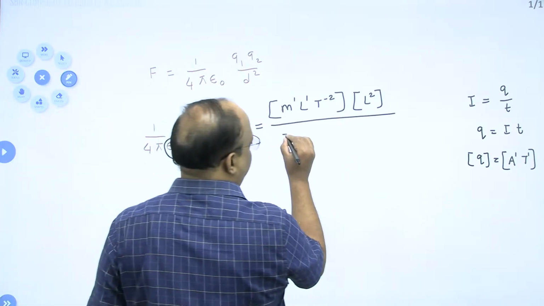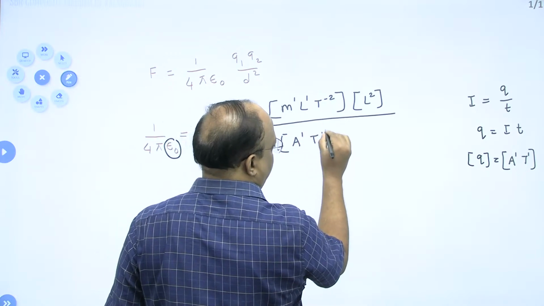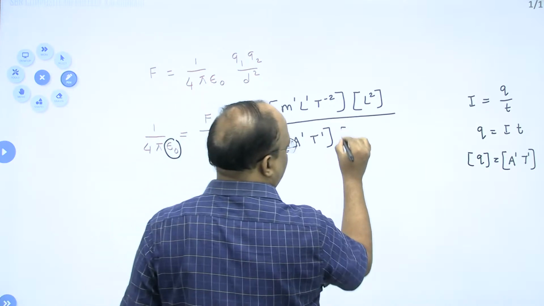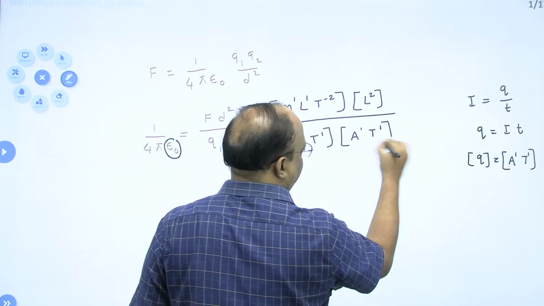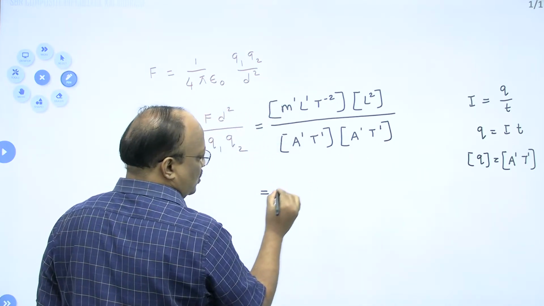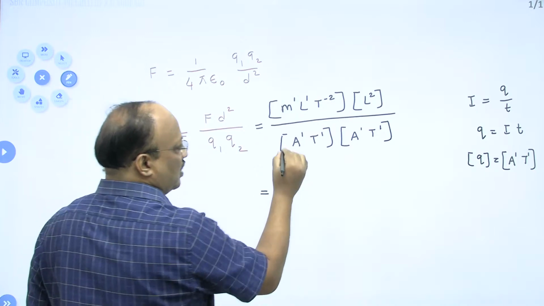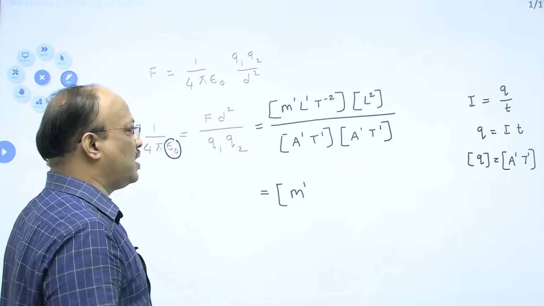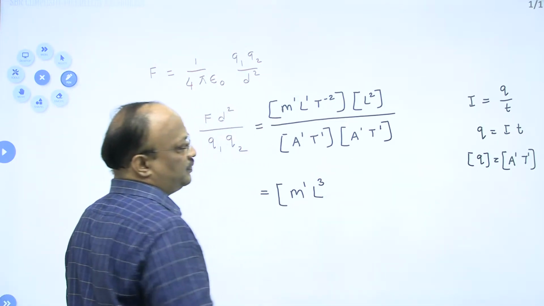So this will be 1 in current, 1 in time for one charge, and the other charge also 1 in current, 1 in time. So this will be 1 in mass, 3 in length.